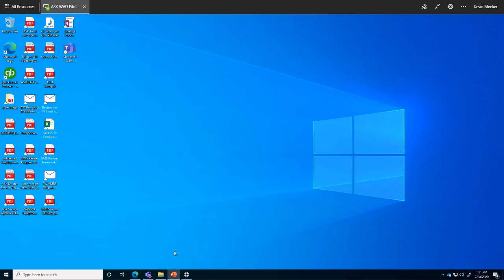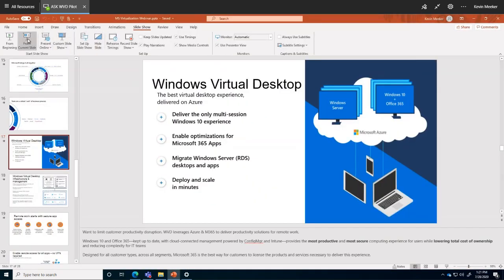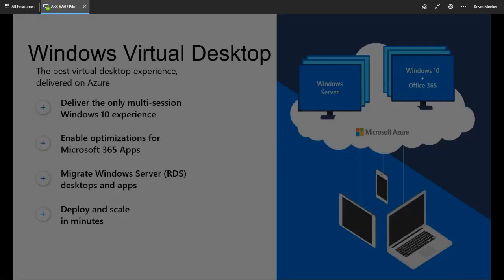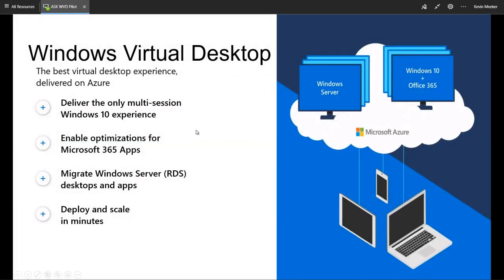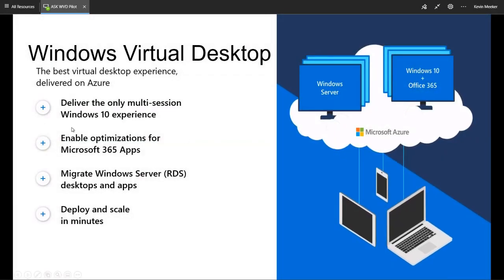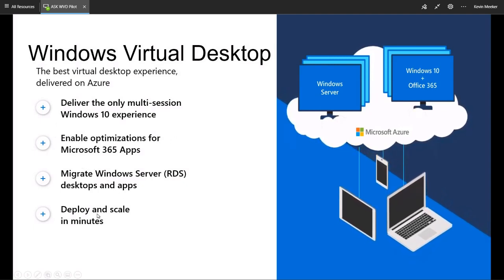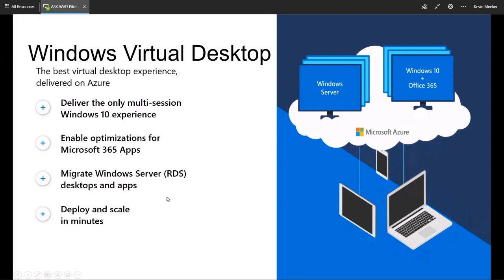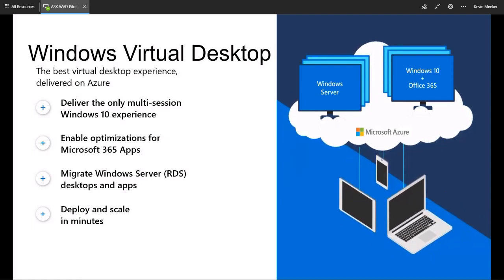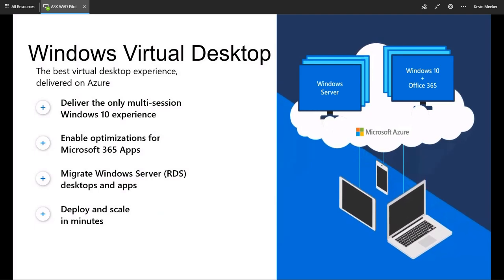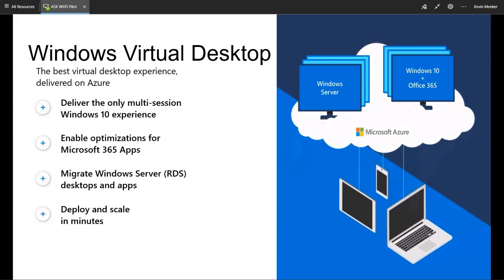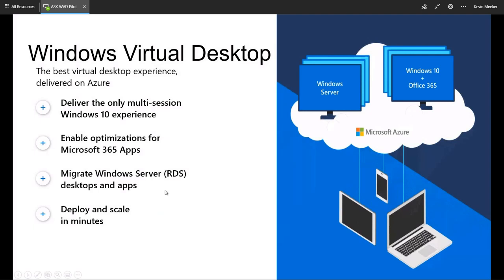So with that, we'll go ahead and pick this back up. So with Windows Virtual Desktop, it delivers a Windows 10 experience. It enables all of the Office 365 apps. And again, it's something that can be deployed and scaled in quite literally minutes once it's set up. So this can give you a complete cloud environment with a full desktop in the cloud that you access just via web browser.